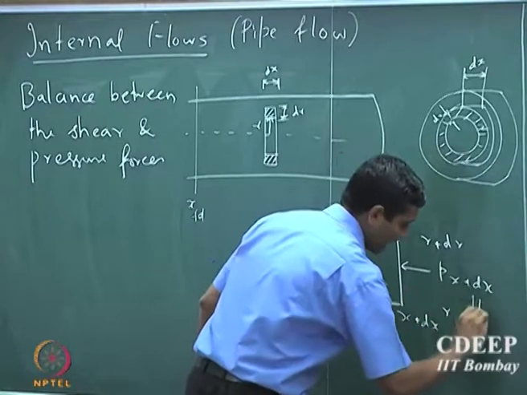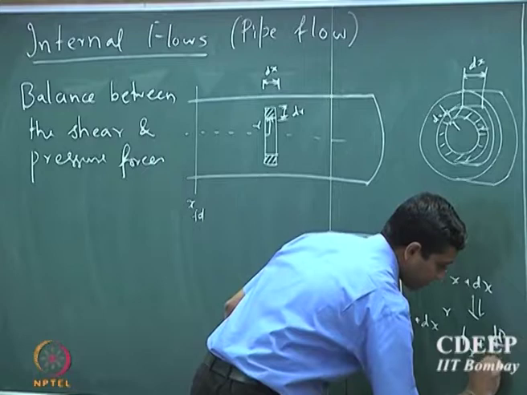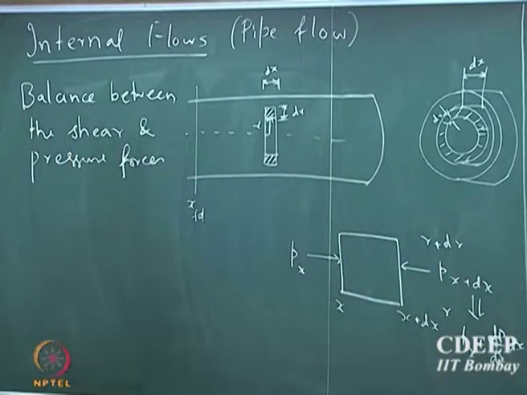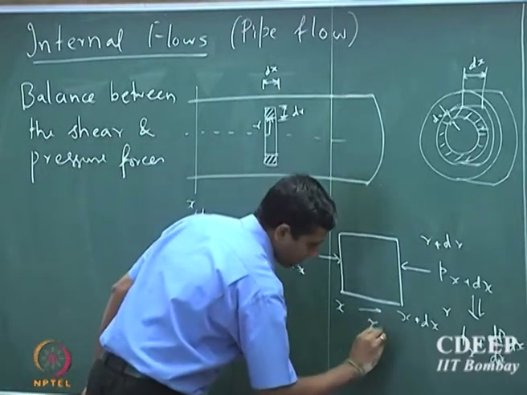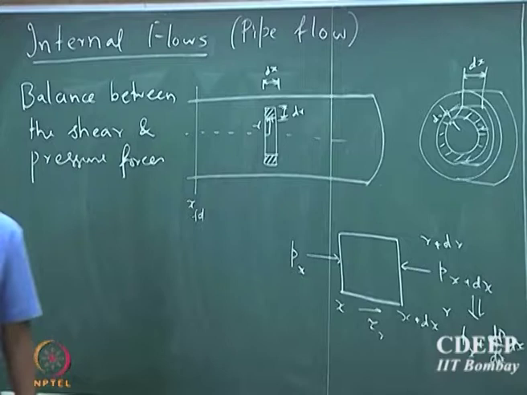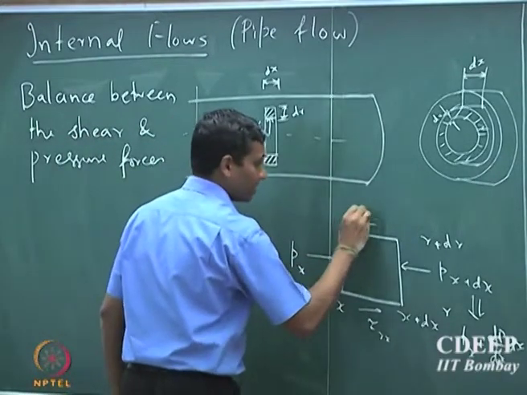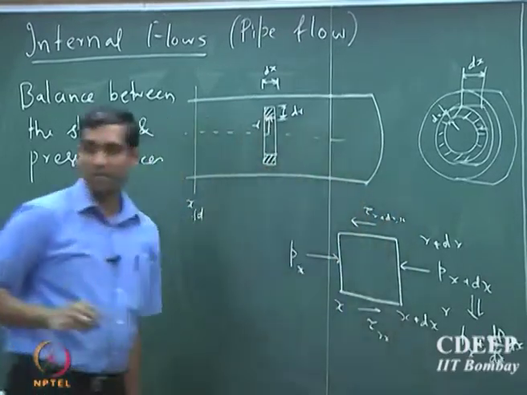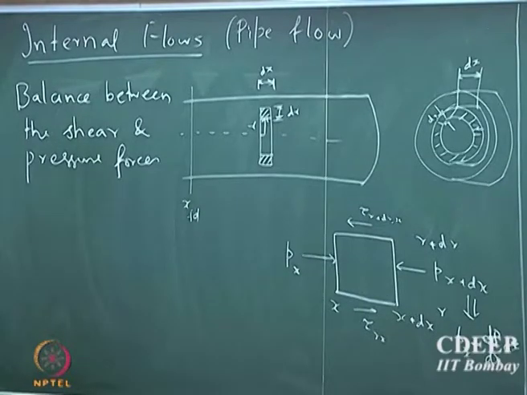This I can write as Px plus dP by dx into dx, using Taylor series expansion. And the shear force acting is tau rx, and this will be tau at r plus dr, x. So, I can make a force balance now. What will be the balance?